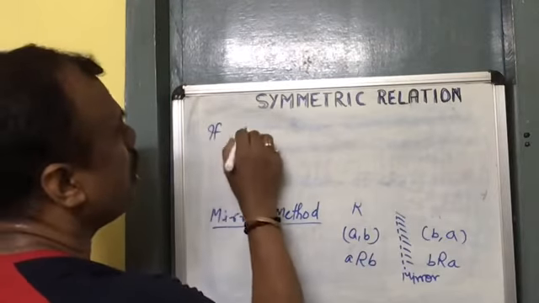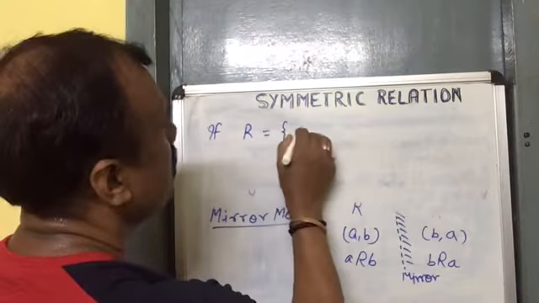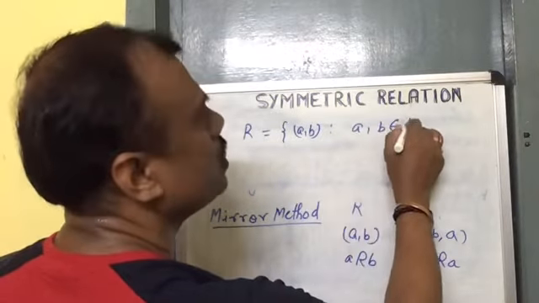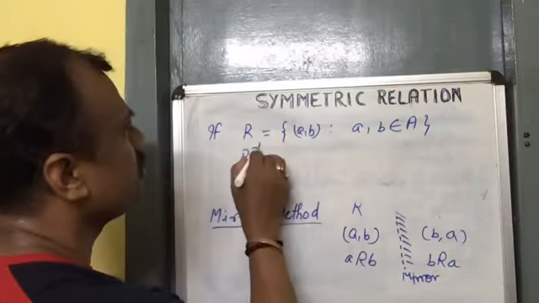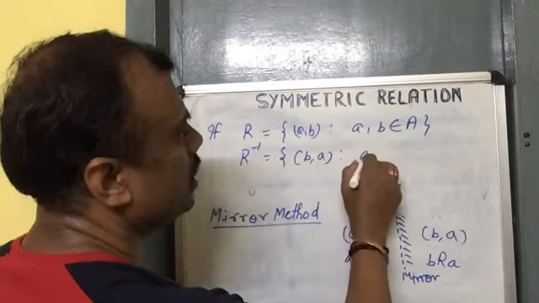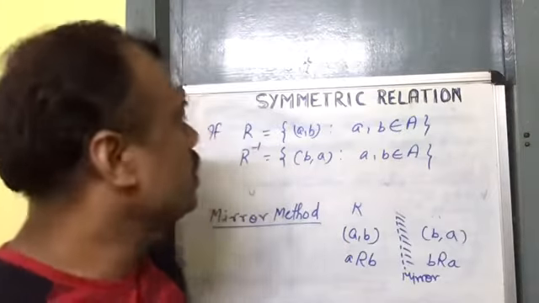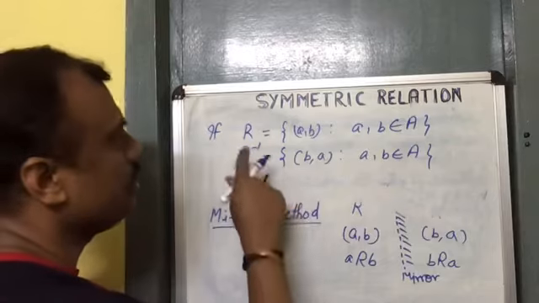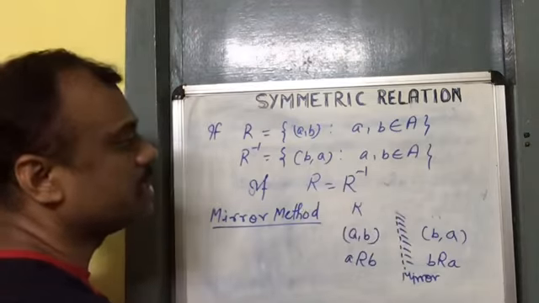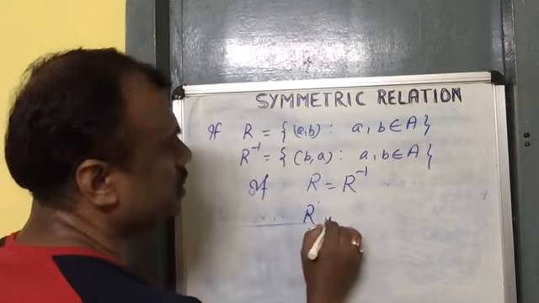If R is any relation, its inverse relation will have the elements (b, a) such that (a, b) belongs to R. In this way also we can prove it: if R equals R inverse, then we can say that R is symmetric.